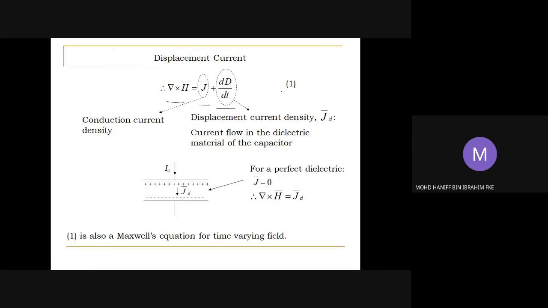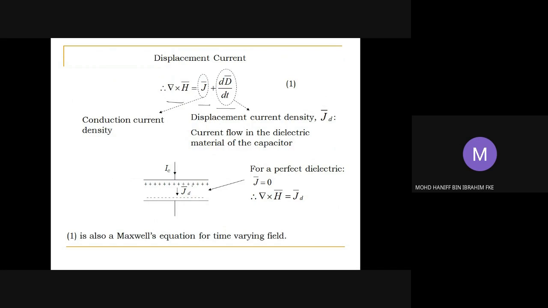The second one is a time-varying electric field, because we know that D equals epsilon times the electric field, so dD over dt is also equal to epsilon dE over dt. So the H field in this region can be produced by the current, and it can also be produced by the time-varying electric field.